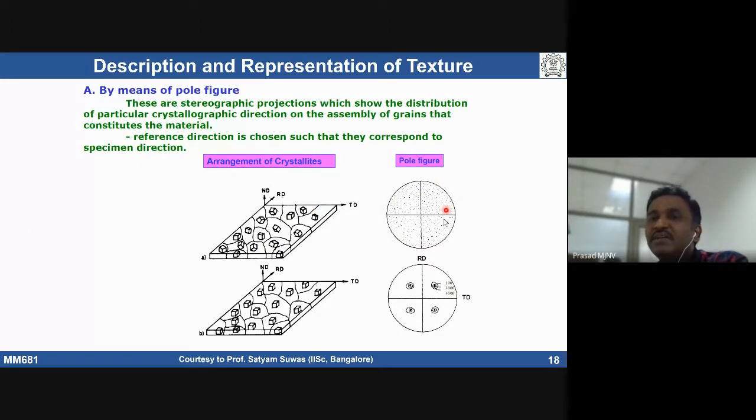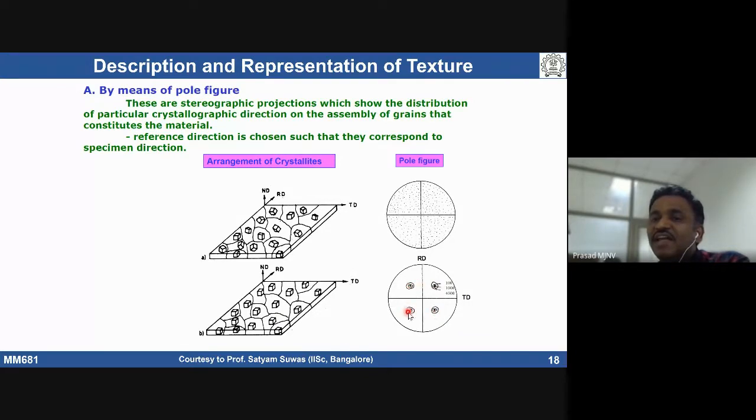That indicates the material is randomly textured. If there is a strong texture, we see certain poles that are highly intense. Certain poles will be high intensity regions.